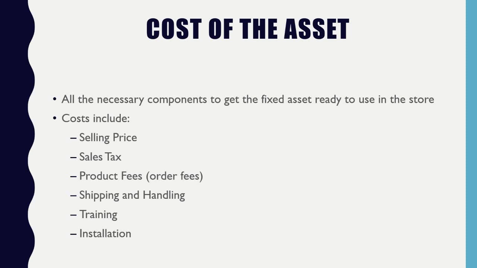Now, that means everything it takes to get the asset to the store, plus any additional costs that you need to take in order to get the asset to be ready to be placed into service. So what are those other things that are going to be included? So, for example, right, you're obviously going to start with the selling price. You're going to start with your sales tax, if there is any, freight or shipping costs. So that's to get the asset to the store.